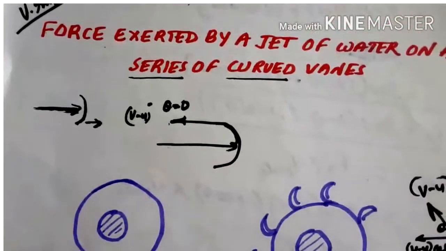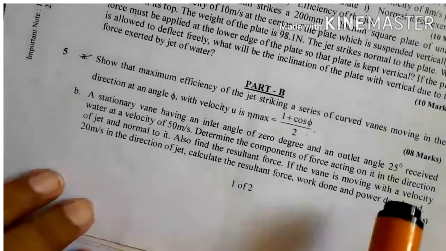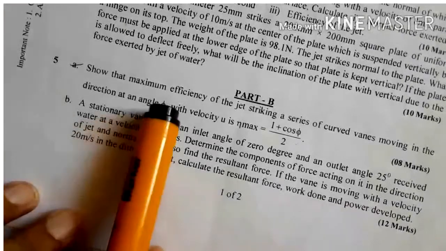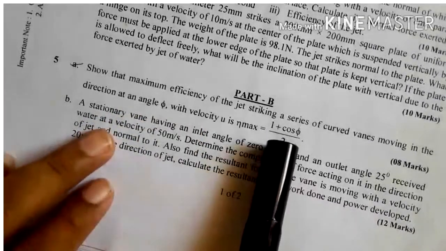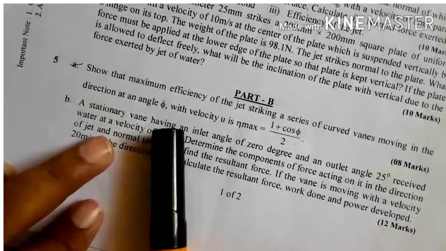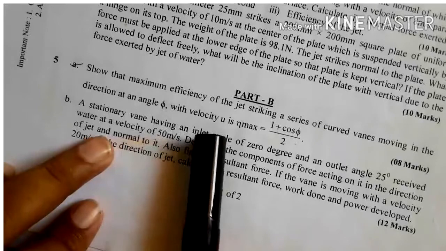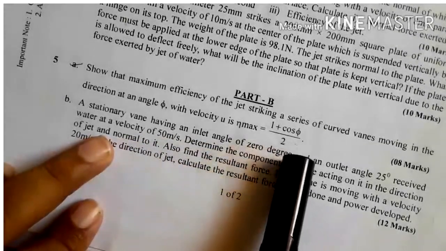Like this, a series of vanes is also asked in the exam. I'll show you here. See here in this particular problem, they asked: show that the maximum efficiency of the jet striking a series of curved vanes moving in the direction at an angle phi with a velocity u is equal to (1 plus cos phi) by 2.